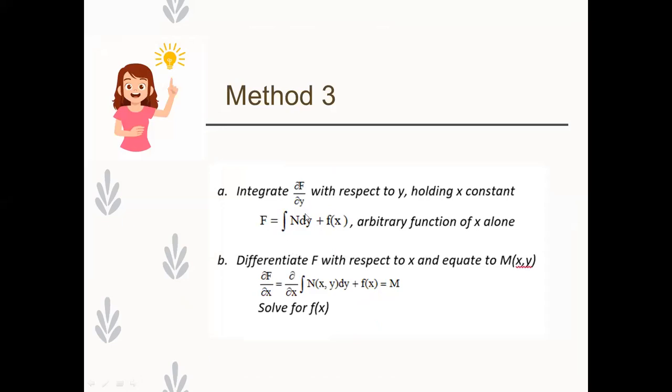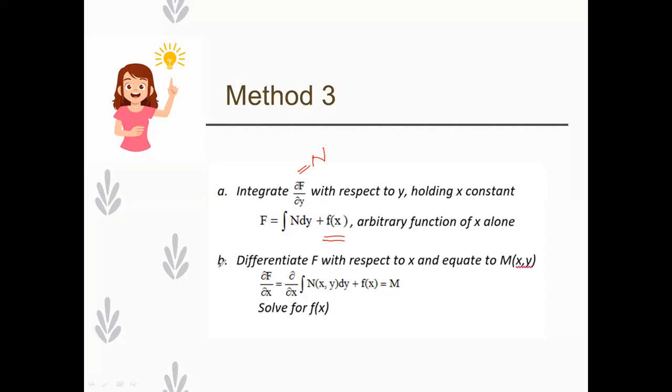So you are to integrate the partial derivative of f with respect to y, and this is actually your N. So you will integrate it with respect to y holding x constant. In the process, since it's x that is held constant, your arbitrary constant of integration will no longer be g of y, because x is now the constant. So this is now your f of x, replacing the arbitrary constant c.